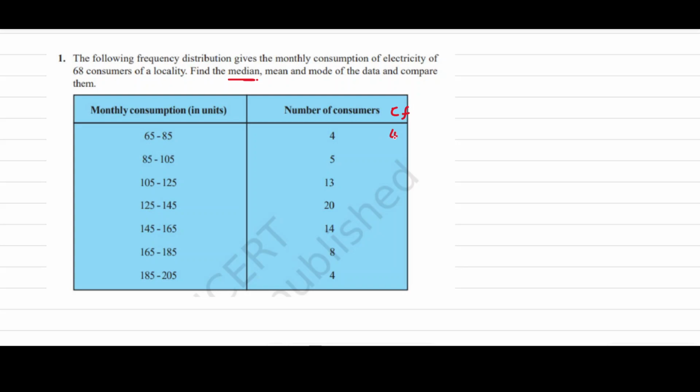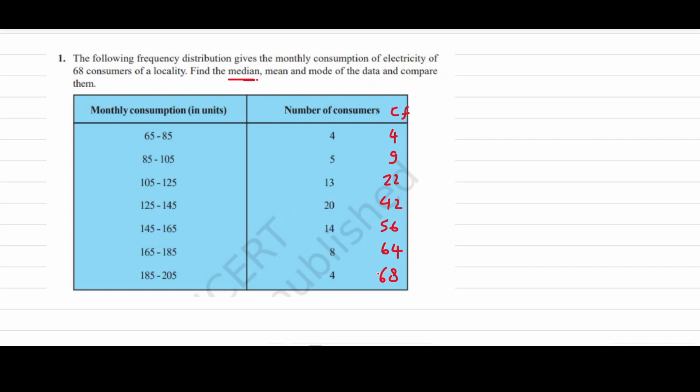Now here this will be 4, 4 and 5, this will be 9, 9 and 13, this will be 22, and 20 plus 22, this will be 42, and 42 plus 14, this will be 56, and 56 plus 8, this will be 64, and 64 plus 4 will be 68.